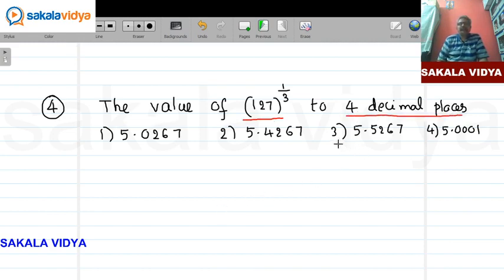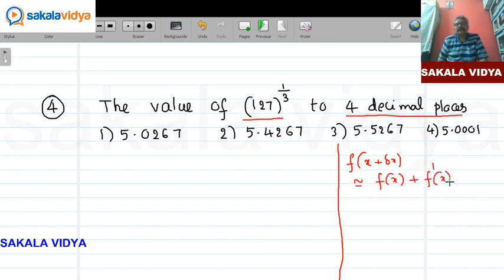So that means we need to recall the formula: f of x plus delta x is approximately equal to f of x plus f dash x into delta x. This is the formula to find out approximate values.